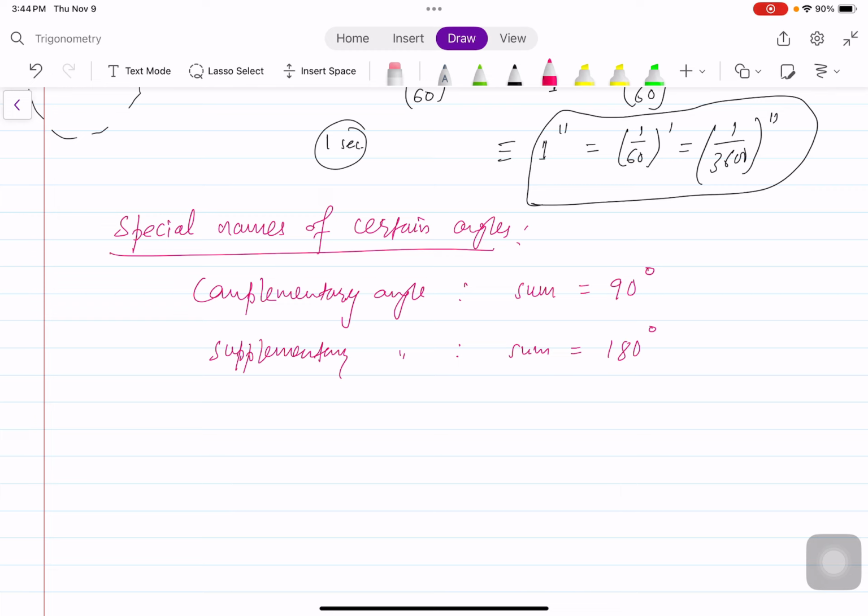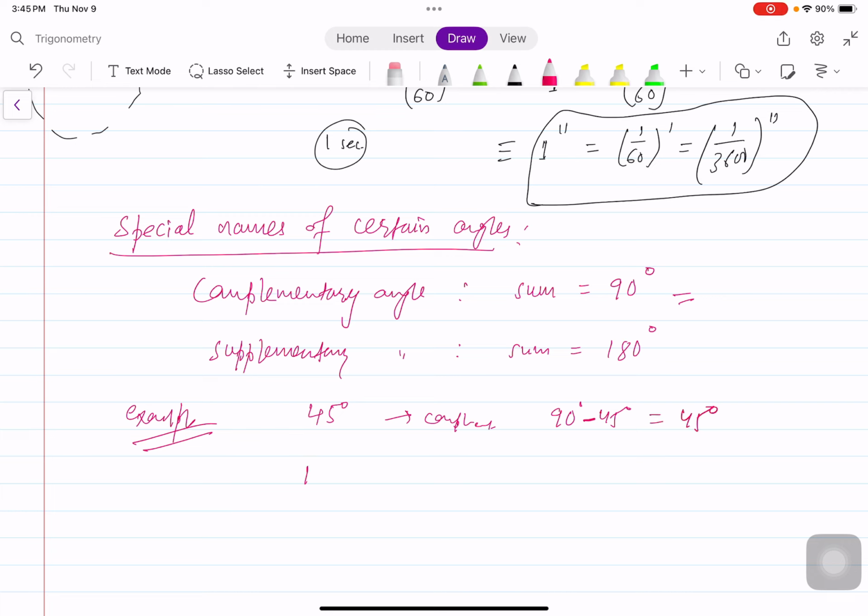So for example, 45 degrees. I want to find its complement. Since the sum is 90, I can find the complement of 45 by subtracting it from 90 degrees, which is 45.